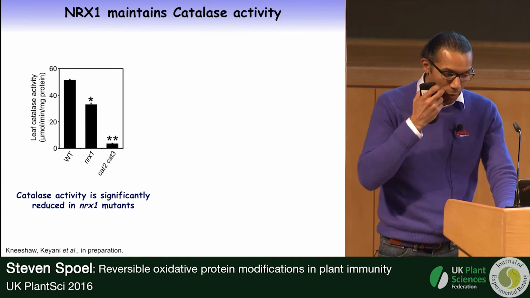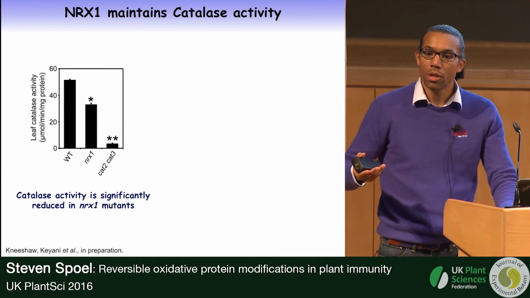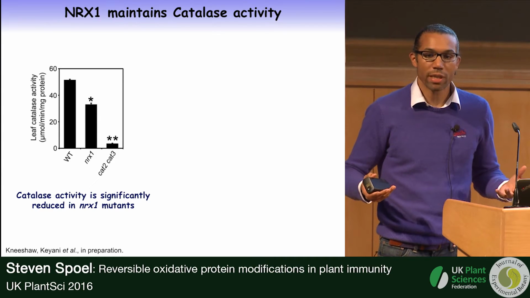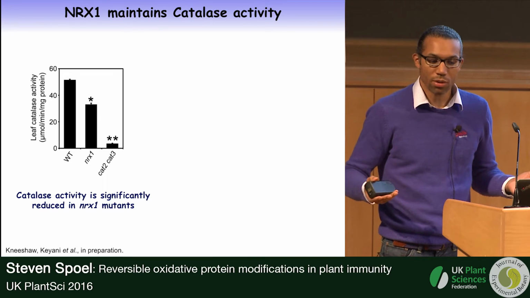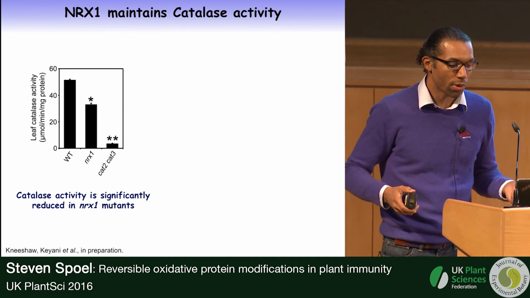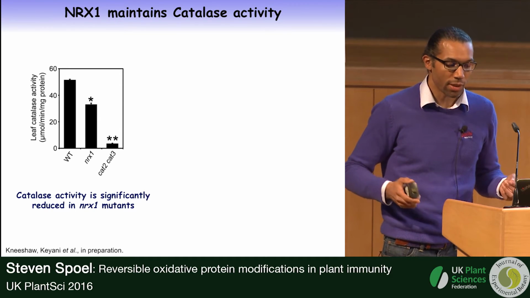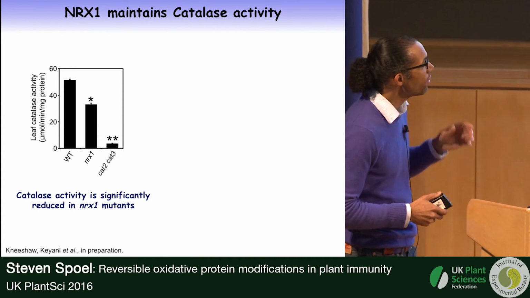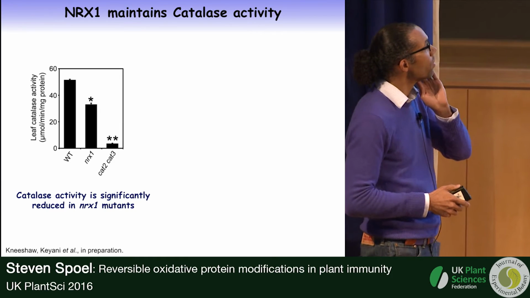So we're quite surprised by this because, of course, catalase is part of a very oxidative environment as it detoxifies hydrogen peroxide. So we're surprised that it was also modified, and it may actually do something to its activity if nucleoredoxin needs to reduce it.